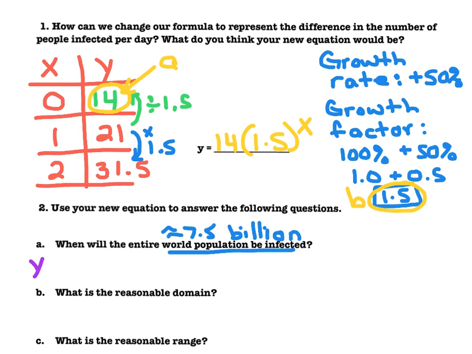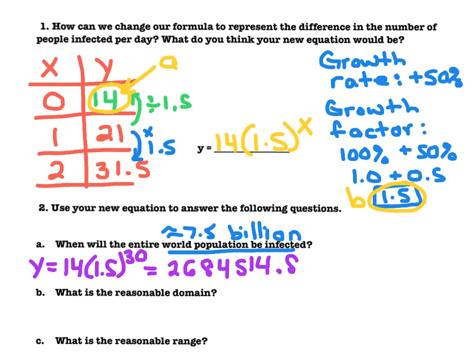So if we do y equals 14 times our growth factor of 1.5 raised to the power of 30, and let's see what we get. After 30 days, we get 2,684,514 people. So definitely not our 7.5 billion that we need when we're still talking millions.